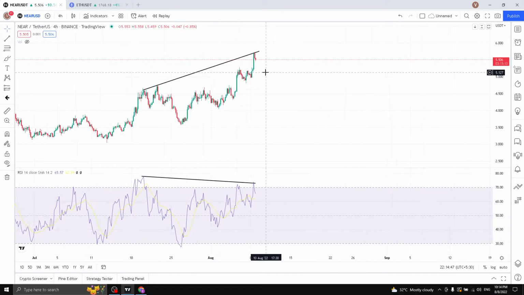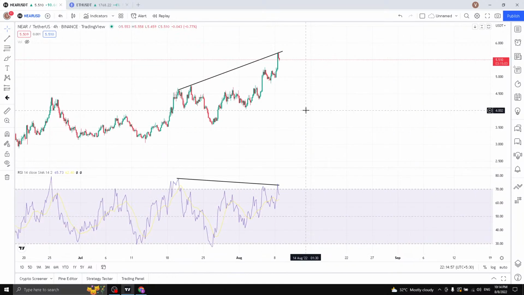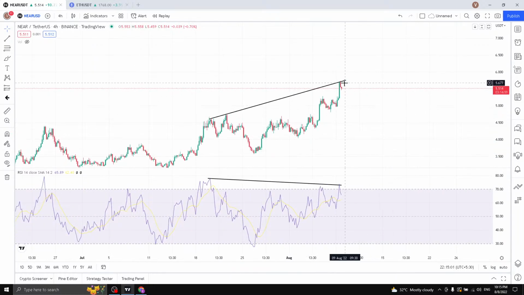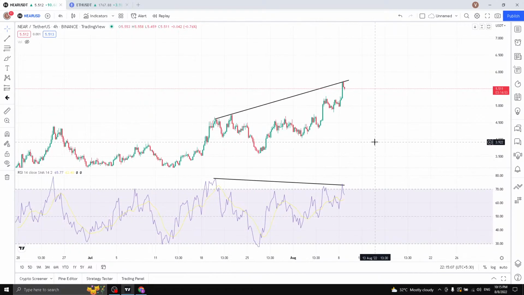But if we see another pump on Near and then a retrace, then I'm pretty sure that the RSI would form something like this. It would form a lower high and then go down, which would make it even more bearish. So I don't think Near is done yet. It could go up a little bit, but I don't think it's going to just go up straight, because the RSI is playing out and it would not go against it that easily.